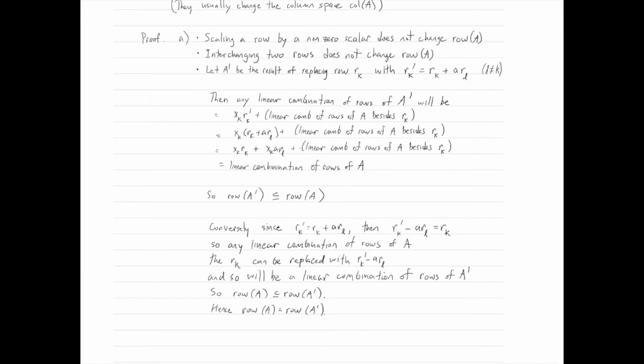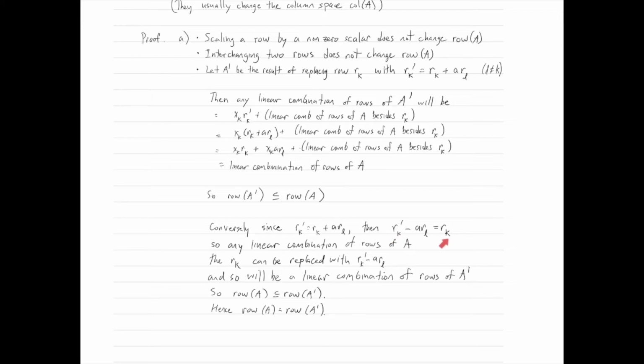What we do know is that Rk prime is equal to Rk plus a times some other row Rl. Solving for Rk by subtracting a Rl from both sides, we get this.